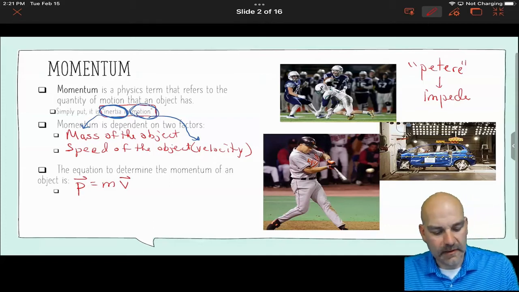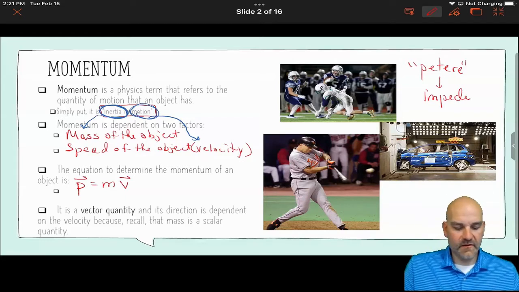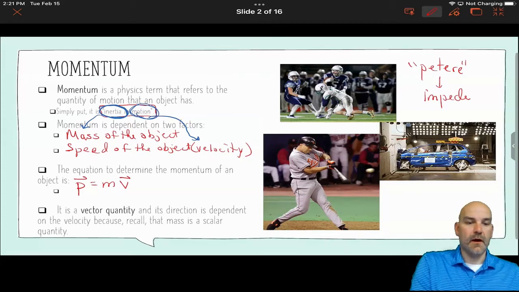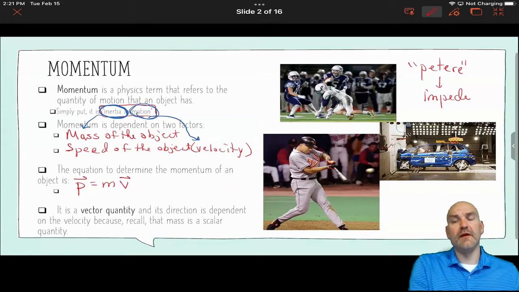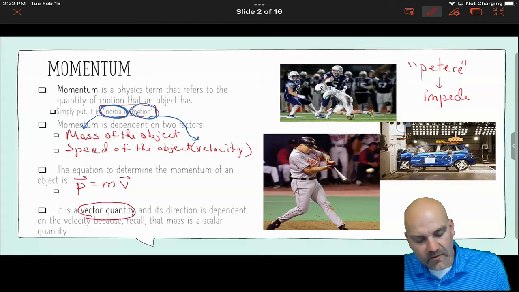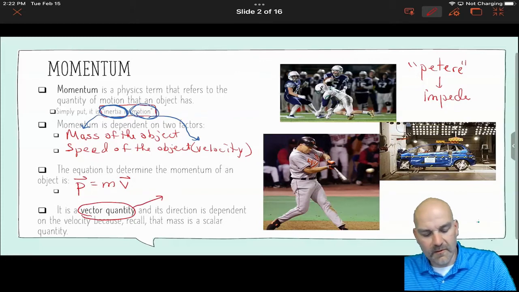But again, momentum is a vector, so you're going to have to account for the direction because it's a velocity. The mass is always a scalar quantity; the vector piece is the velocity, not the mass. This vector quantity is going to be very important when we do conservation of momentum.